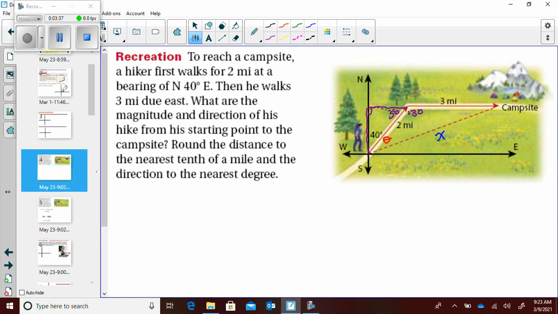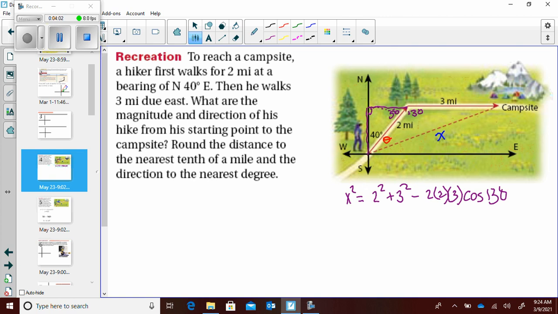So I can now find x by saying that x squared equals 2 squared plus 3 squared minus 2 times 2 times 3 cosine of 130.